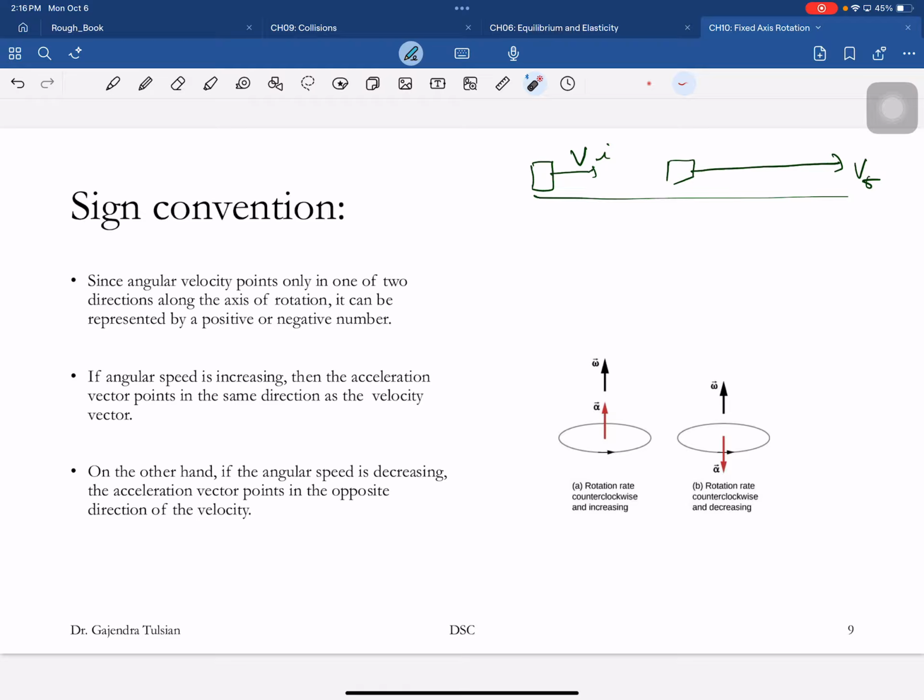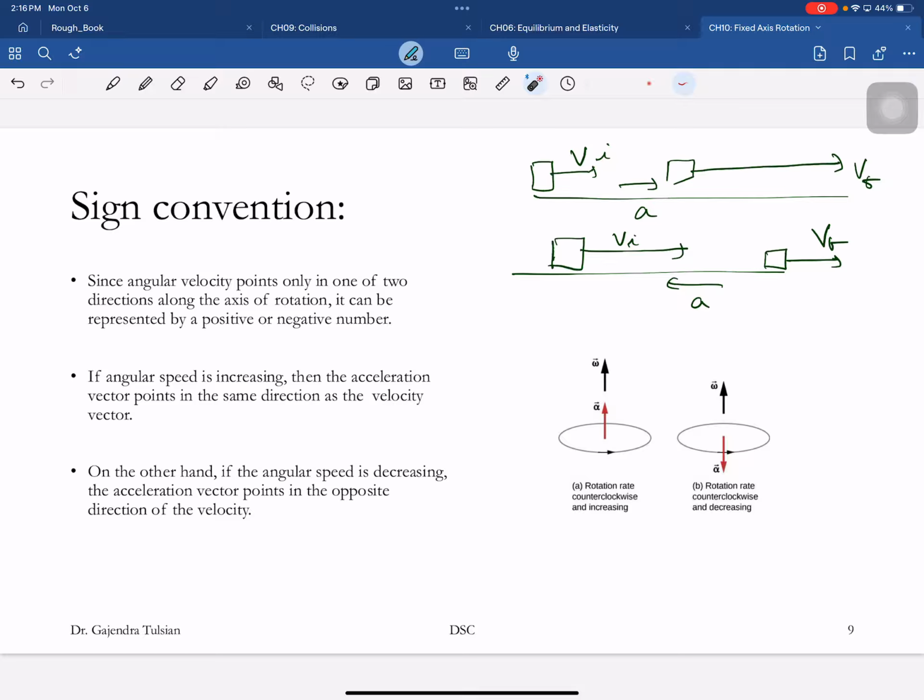Which way is acceleration? Is this object accelerating? Yes. And the acceleration vector is pointing in that direction. If the magnitude of the velocity increases, then the acceleration vector is pointing in the same direction. And if the magnitude of the velocity is decreasing, the acceleration vector is pointing in the opposite direction.